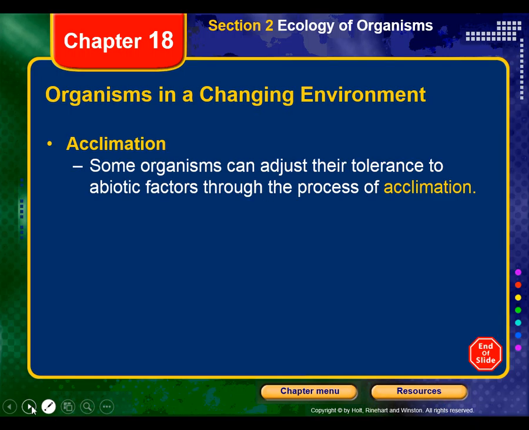Okay, so in order for organisms to survive in a particular environment, we have two ways in which they can do this. The first one, that they can survive, or at least help themselves out, I guess, would be to acclimate.